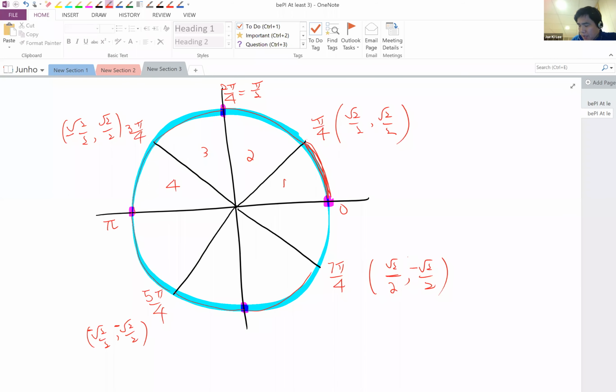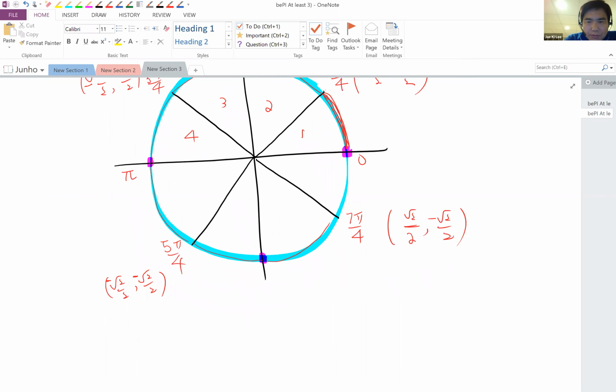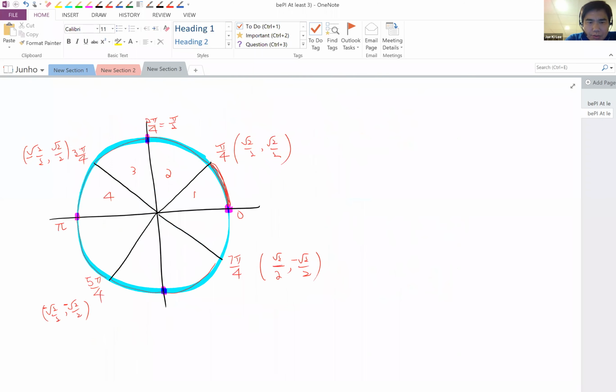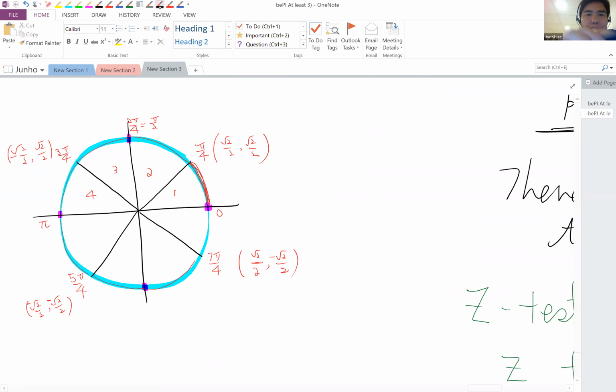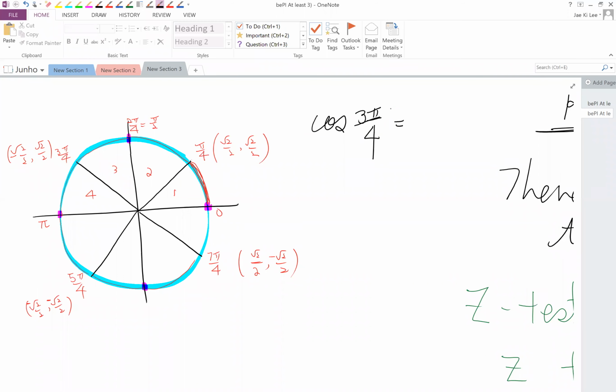Now, let's practice some questions using this unit circle. What's the cosine of 3 pi over 4?